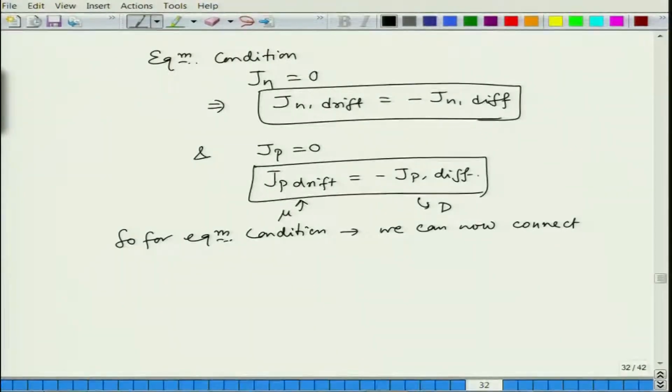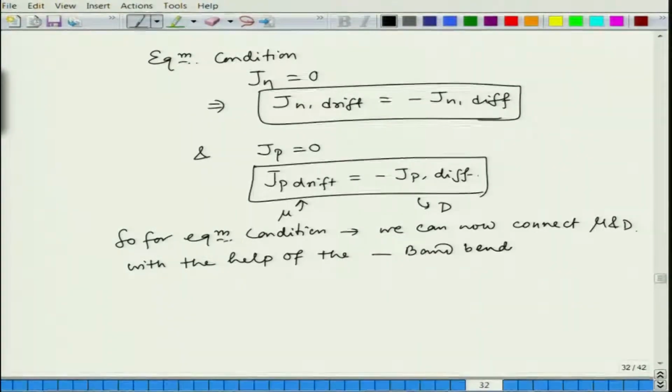Okay. So, under equilibrium condition we can now connect this mu and D with the help of the two concepts that we have introduced. One is band bending and the constancy of Fermi level.